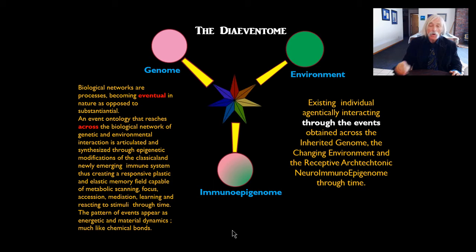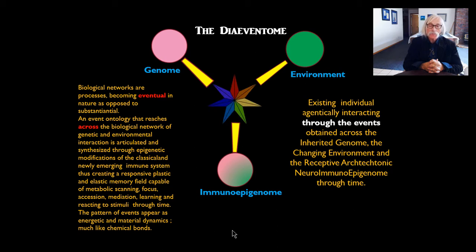So what do I mean by all of that? Let me put on my fancy glasses. Biological networks are processes, they're not substances. They become eventual, that is, they're occurring through time, and they alter through that occurrence in nature as opposed to substantial.